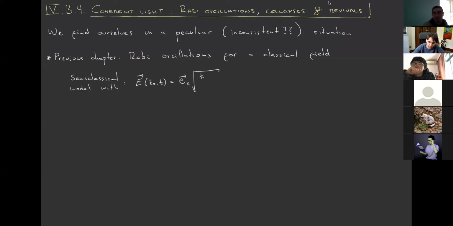Then we have here h bar omega divided by epsilon 0 L S.